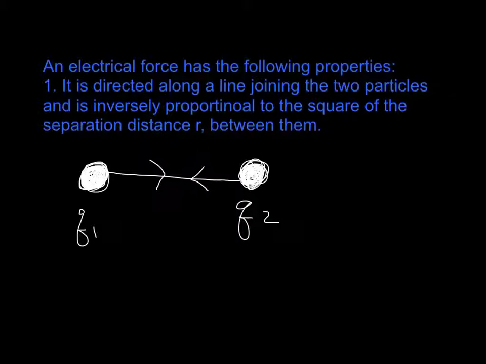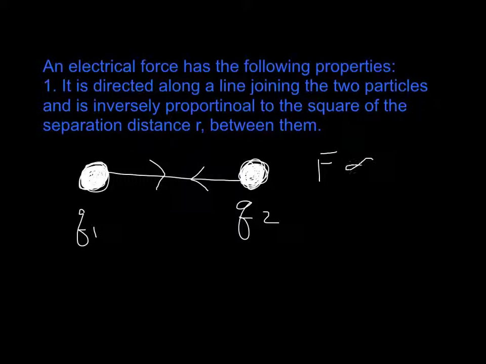So here's what Coulomb's law basically says. It says that an electrical force has the following properties. Number one is this force is directed along a line joining these two particles and is inversely proportional to the square of the separation distance between them. So very much like our law of gravitation.